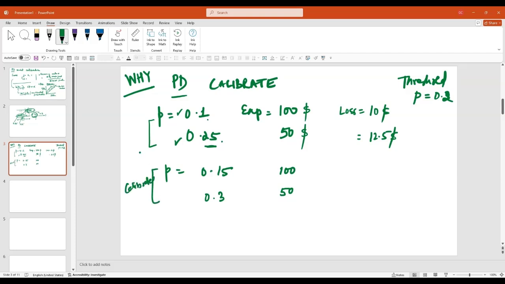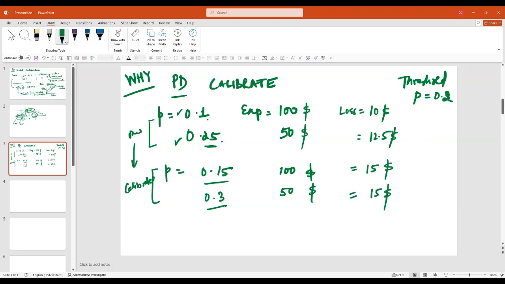So here were our pure raw model outputs, and now we calibrate them through some procedure to get the actual probabilities as 0.15 and 0.3. Now look at what happens to the losses. Multiplied with the original exposure, this loss will come out to about $15, and this loss will come to $15 as well.